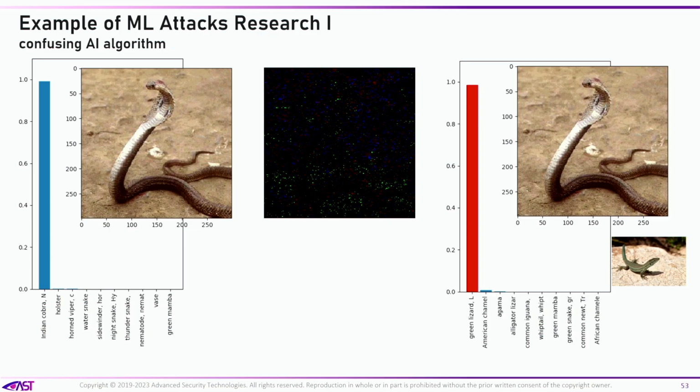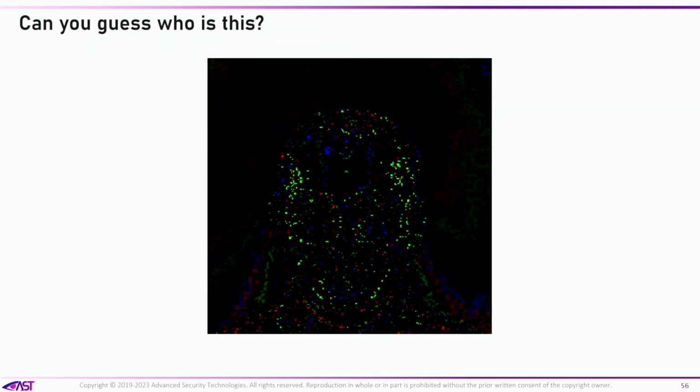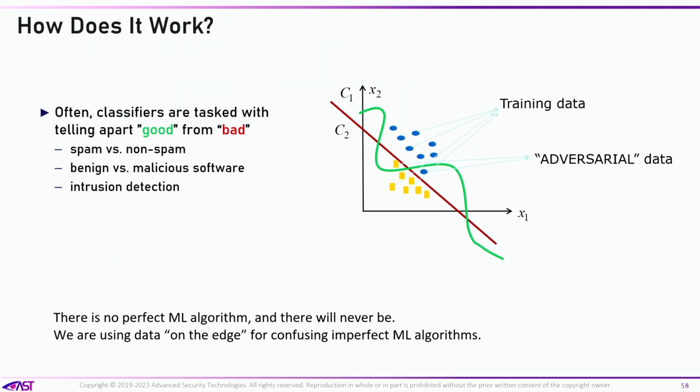So our approach was that any animal with carefully defined noise can become something else. So an ice bear with carefully defined noise can become a killer whale. Same thing here.